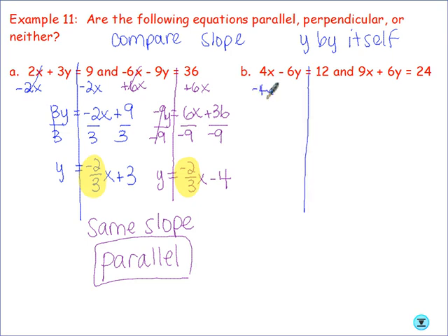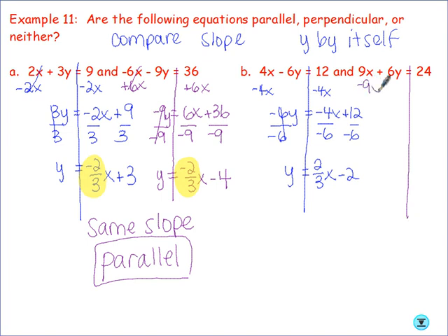Subtract 4x. You're left with negative 6y equals negative 4x plus 12. Divide everything by negative 6. We get y equals negative 4 divided by negative 6. Math, enter, enter, gives us 2 over 3x. And 12 divided by negative 6 is negative 2. Well, let's look at the other equation.